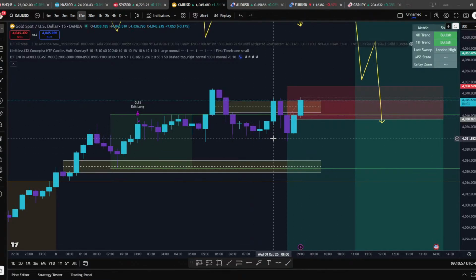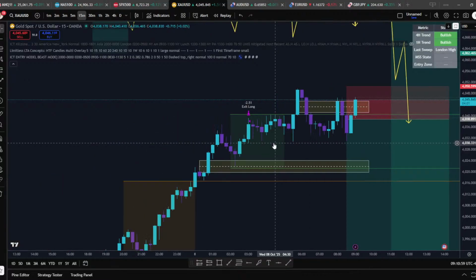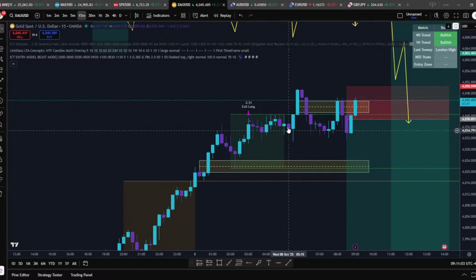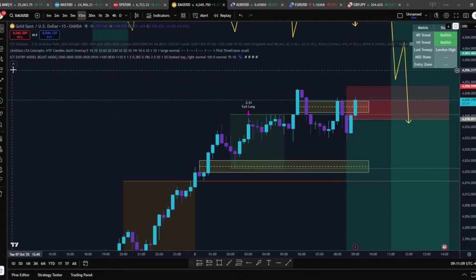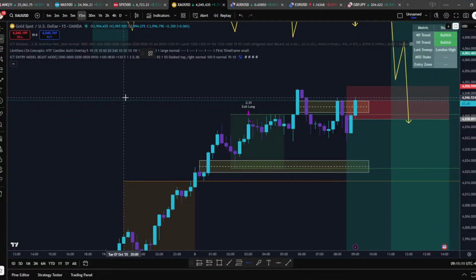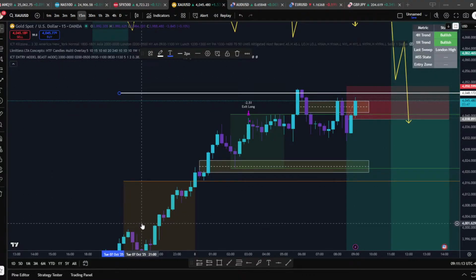The reason why I drew this out is because this is accumulation, manipulation, we've just spoken about it. But what is different here, guys? What is different? Is there liquidity that it's taking up here? No. Okay?